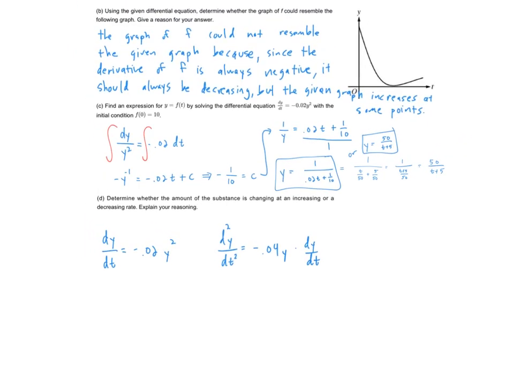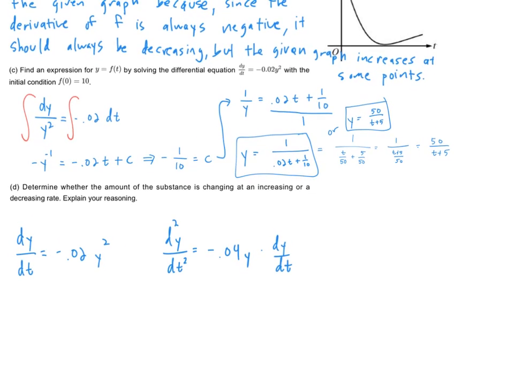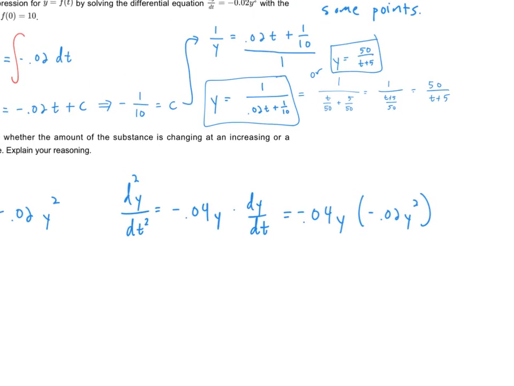Okay, and then dy dt here is this, so I'm going to plug that back in. That's times negative 0.02 y squared. Okay, this is going to be positive 0.0008 y cubed.